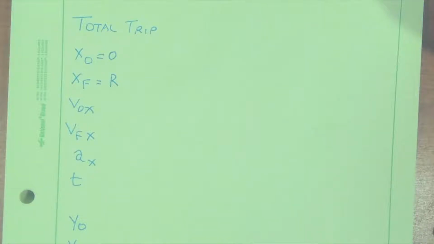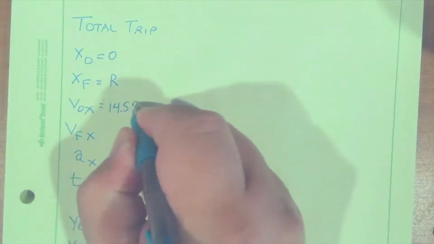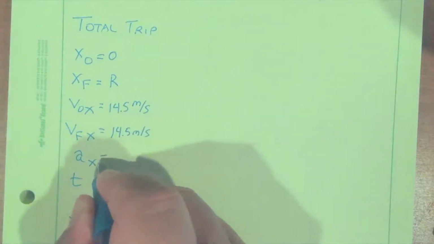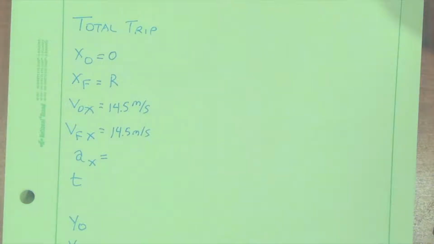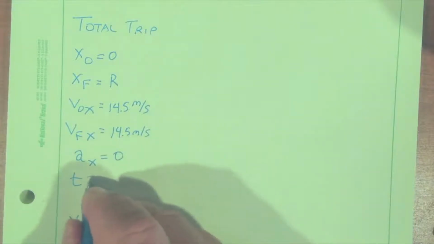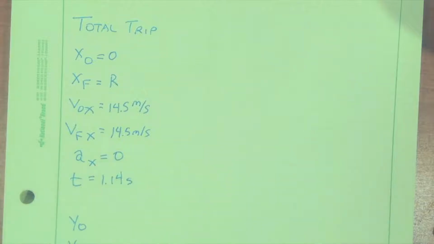We calculated the x component of the initial velocity to be 14.5 meters per second. Remember, that is going to stay the same all the way through the trip. So the initial x velocity is the same as the final x velocity, and that x acceleration is 0, and that total time in the air is 1.14 seconds.